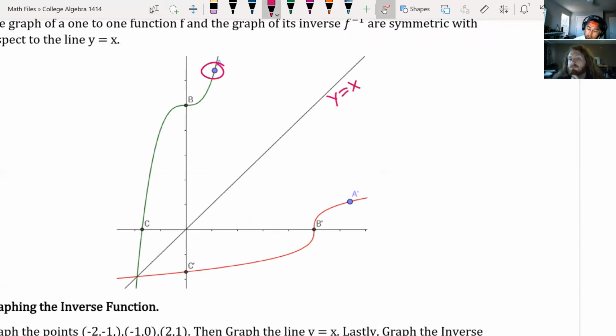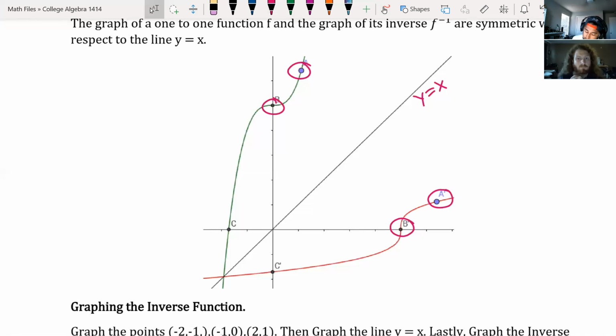So point A here reflects over here and gives you its complement. And then point B here reflects over and you get the reflected point of B. Okay, so graphically, to tell that they're inverses, they're symmetric about the line y equals x.